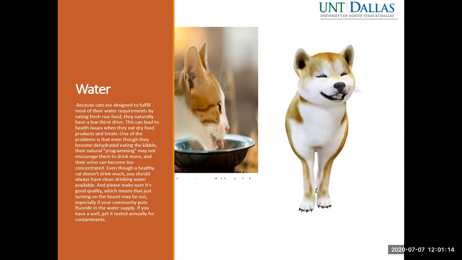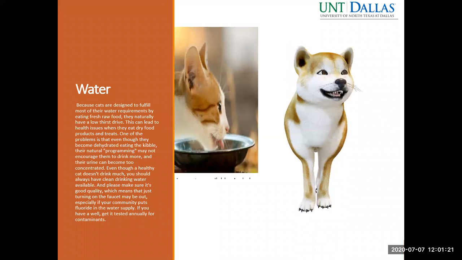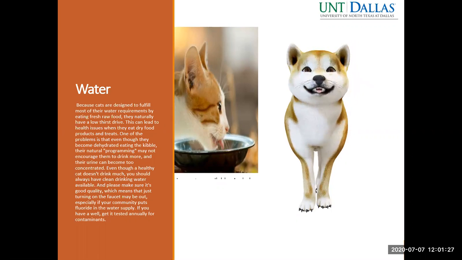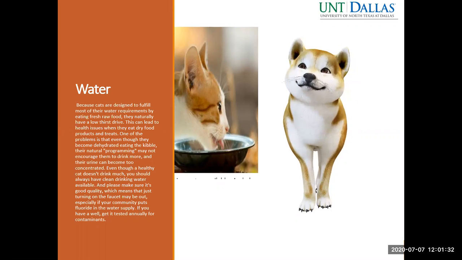Even though a healthy cat doesn't drink much water, you should always have clean drinking water available, and please make sure that it's good quality, which means that just turning on the faucet may be out, especially if your community puts fluoride in the water supply. So if you have a well, get it tested annually for contaminants.